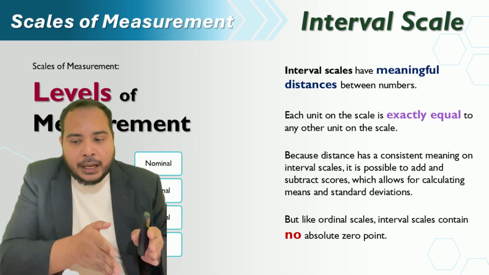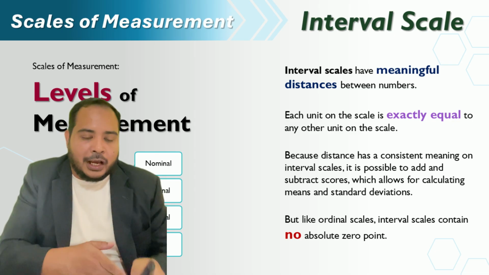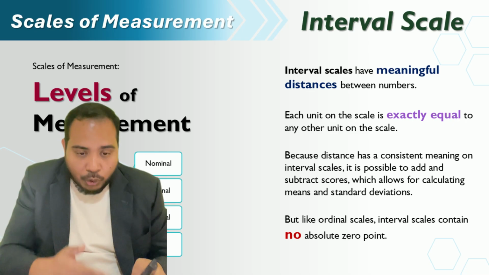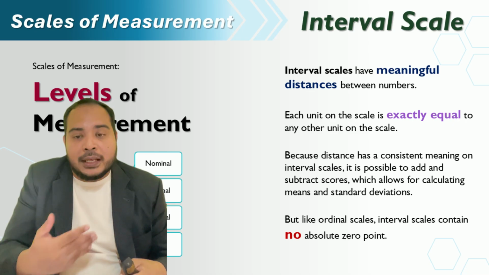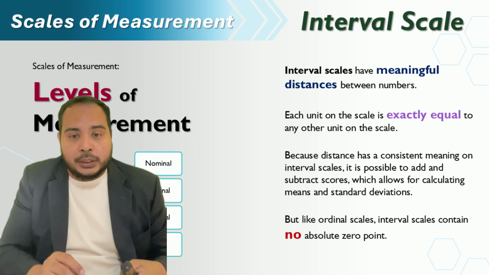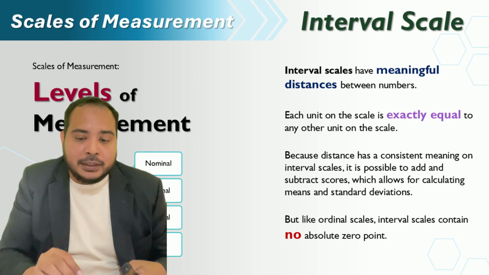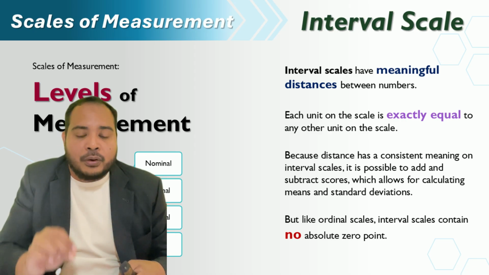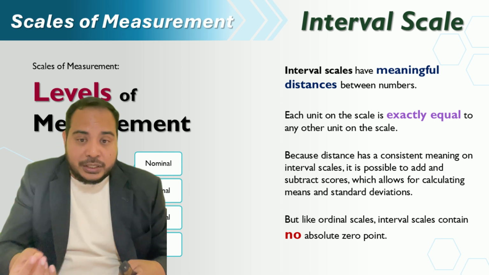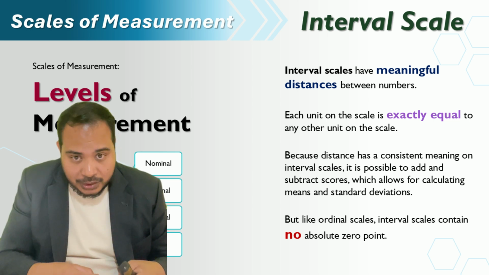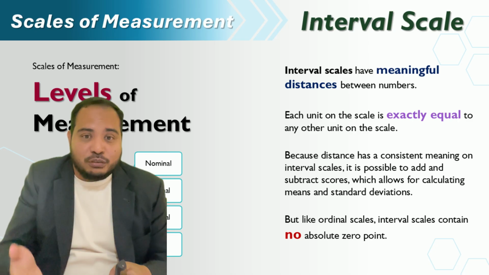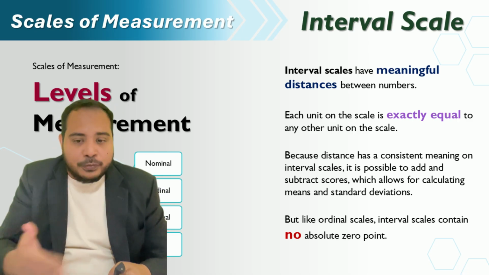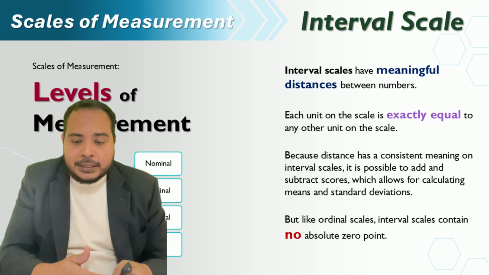Because when we are able to add and subtract the scores that we get, it allows us to calculate the most important information for statistical analysis, which are means and standard deviation. I'm not going to repeat what standard deviation and mean are here. You can refer to your notes in statistics.